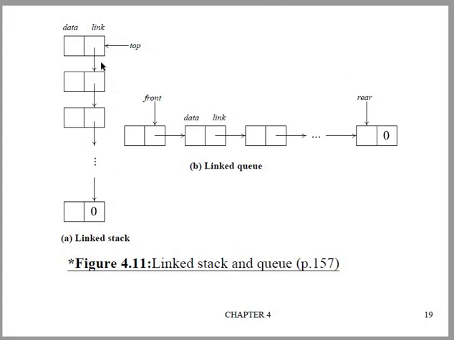Here this is a single stack shown with one top pointer. First we will store the first data. First we'll create one temp node, store the data, make the link null, and make the top pointer point to that node.